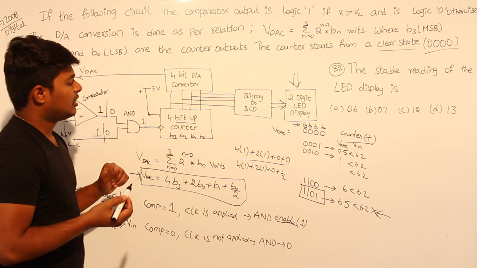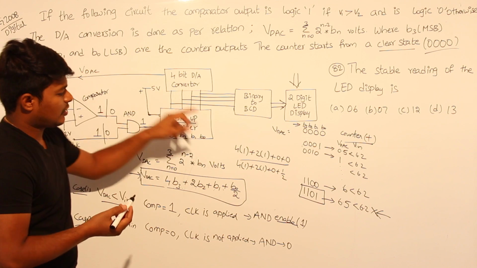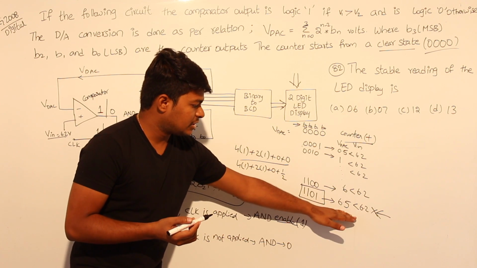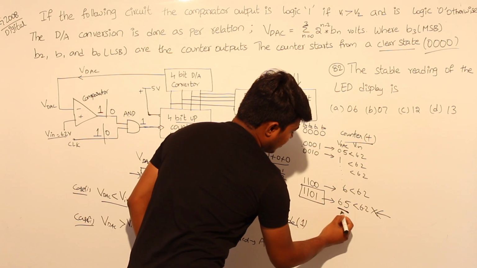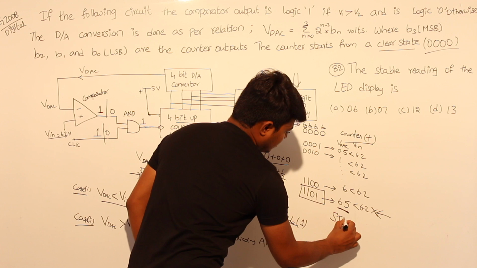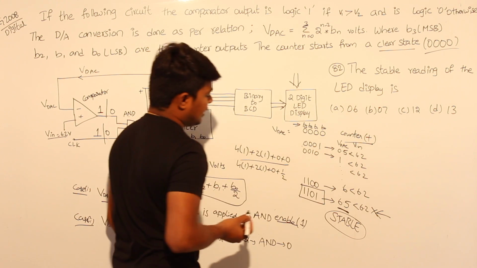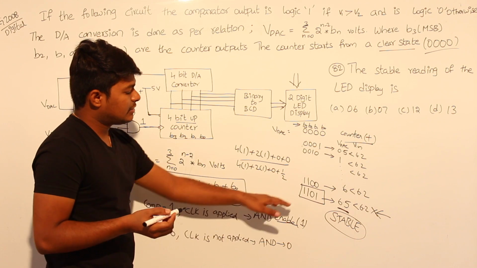At this point the counter will be stable, because the DAC voltage gives 6.5 volts, but the Vin voltage is 6.2. So it will stop at this, and at this voltage it will be stable. And the LED will display a value. What value will be displayed?